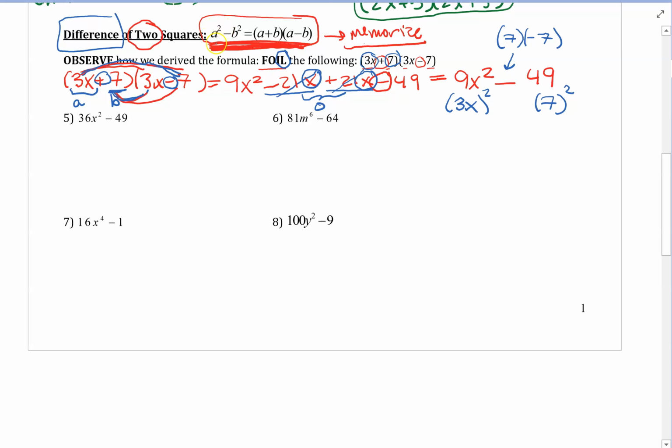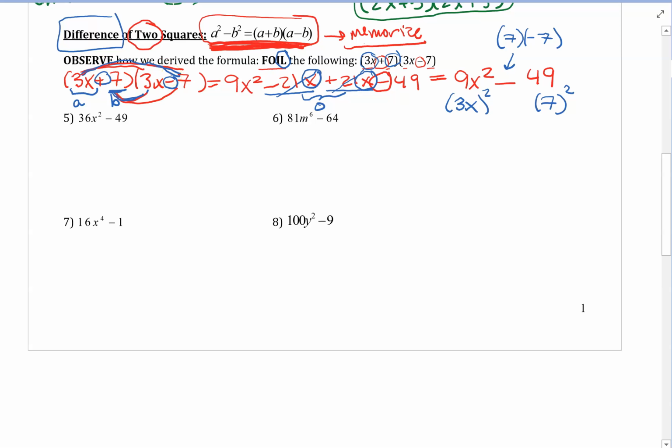If you have something that is a squared minus b squared, which this is, 3x squared minus 7 squared, then when you factor it, it's going to be the square root of the first one plus the square root of the second times the square root of the first one minus the square root of the second. We know that just from observing what happens when I multiply what we call conjugate pairs. The same terms but opposite signs in the middle.